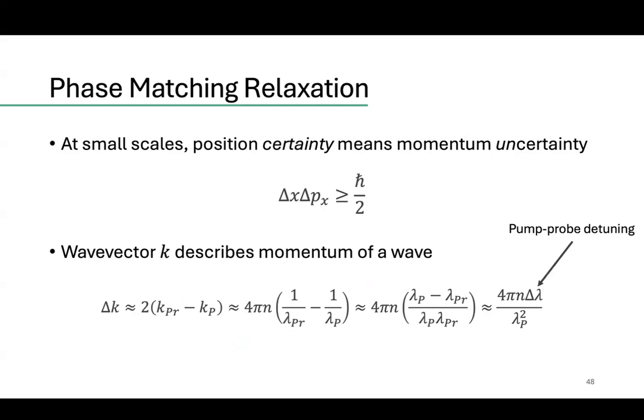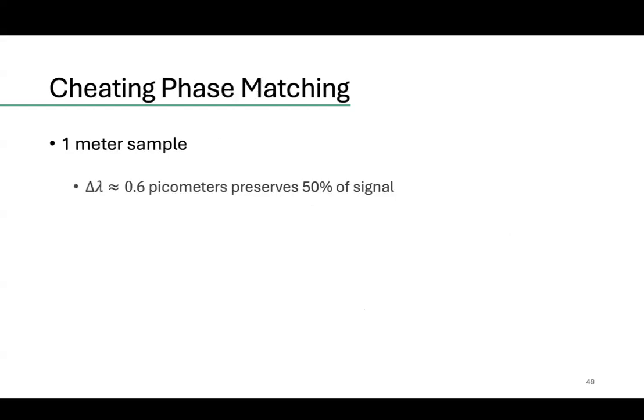This speaks to how much we can separate the probe from the pump, employing our sneaky technique of introducing another laser frequency to be able to pummel that acoustic field and still, with our separate laser, retrieve mechanical information from the material. So this is essentially cheating phase matching because of the uncertainty principle that is at play.